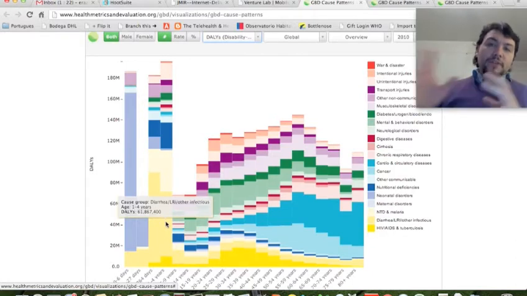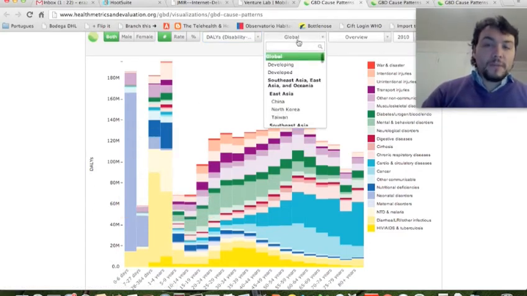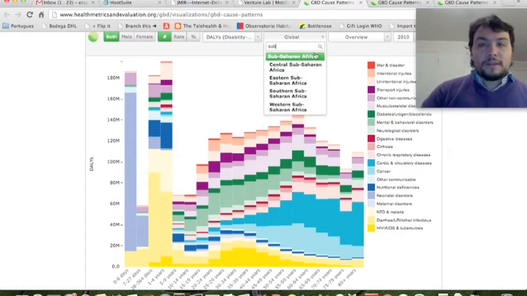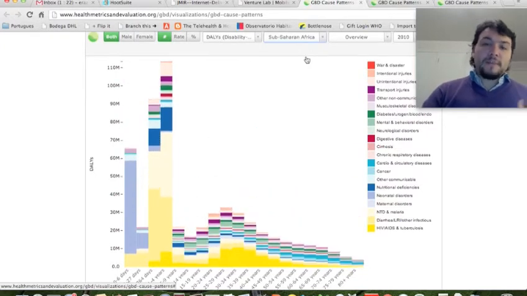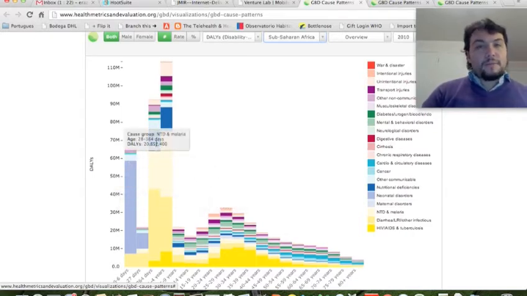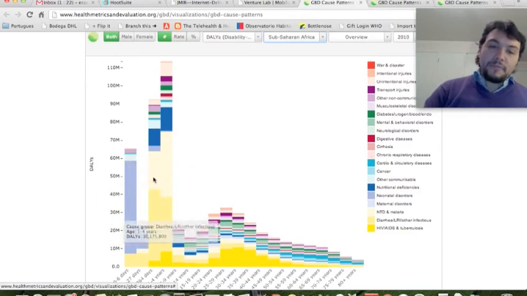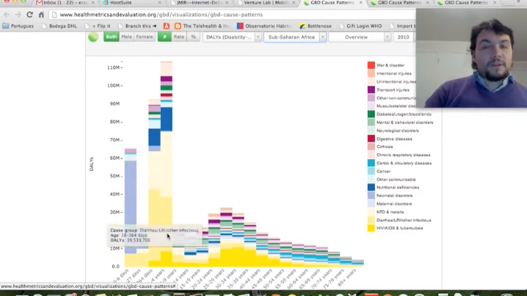However, different regions have very different types of health problems. So, for example, if we see the situation in sub-Saharan Africa, you'll see that the burden of disease there is still concentrated in diseases produced by malnutrition, malnourishment, infectious diseases affecting primarily children younger than 5 years of age.